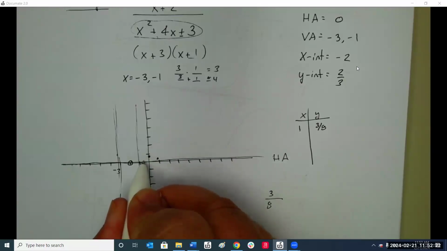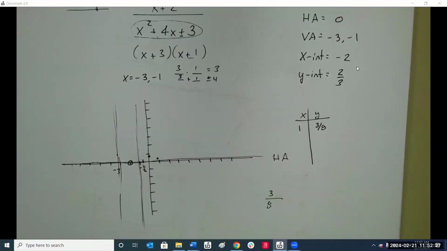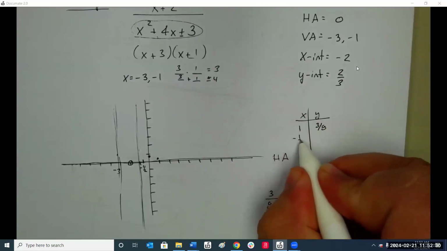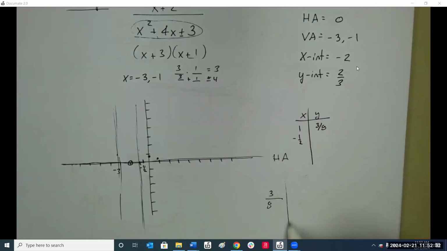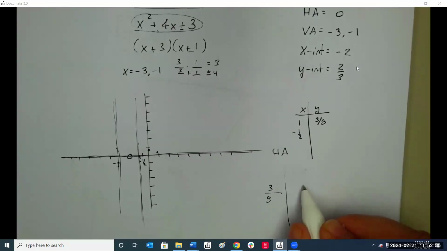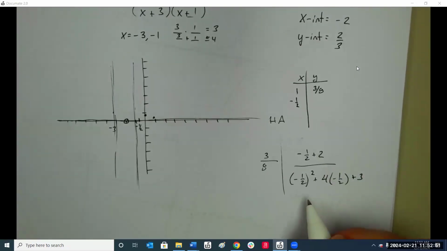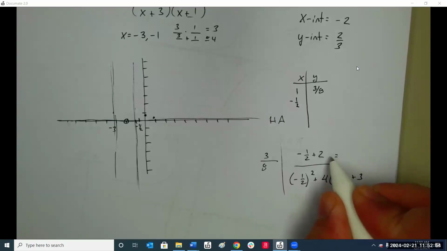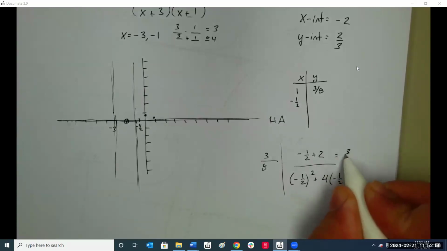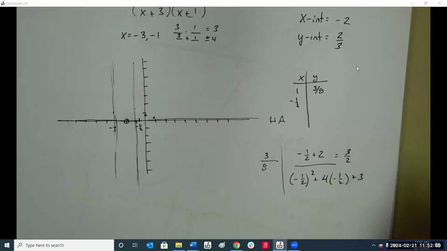So if we look at negative a half, I have negative a half plus 2, over negative a half squared, plus 4 times negative a half plus 3. So this is 3/2, which is 1 1/2.